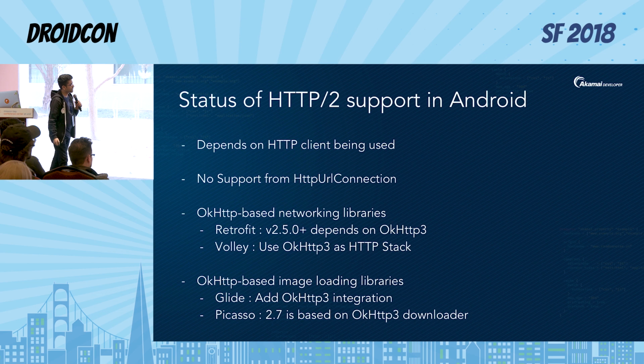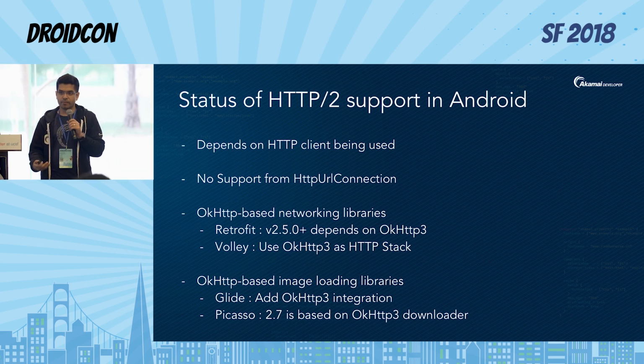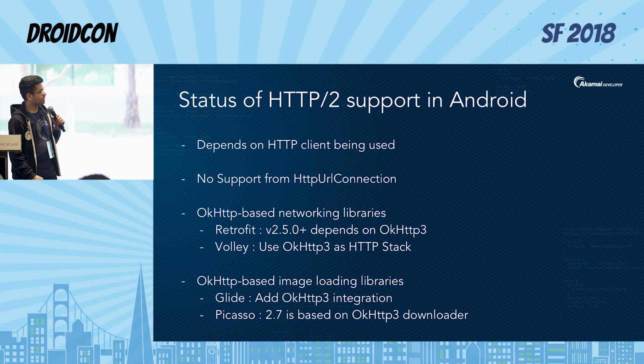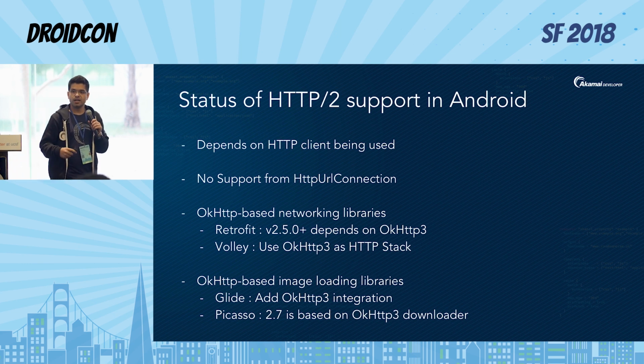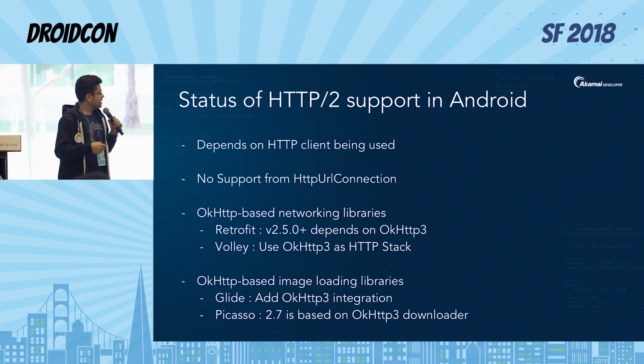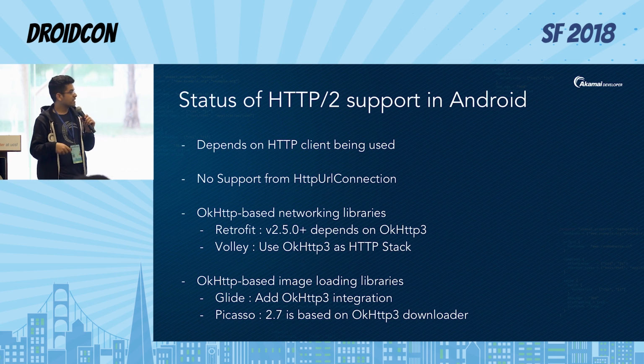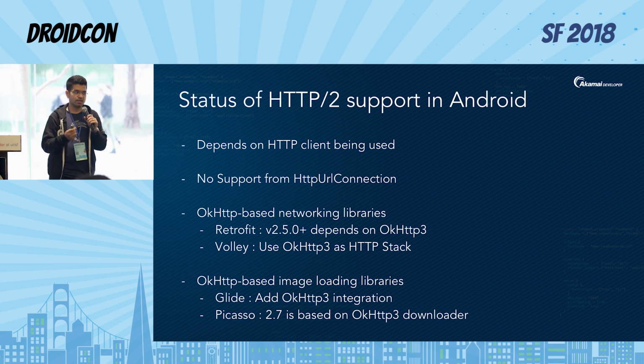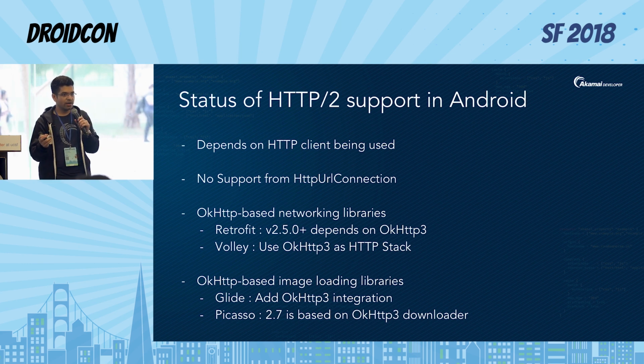For Retrofit, if you're using the latest version, it's already based on top of OkHttp 3, so it will be using HTTP 2. Volley depends on the default HTTP stack. You can change the HTTP stack to OkHttp 3 so that your requests are going over H2. Similarly, for image loading libraries like Glide and Picasso: for Glide, you need to add a separate dependency in your build.gradle.